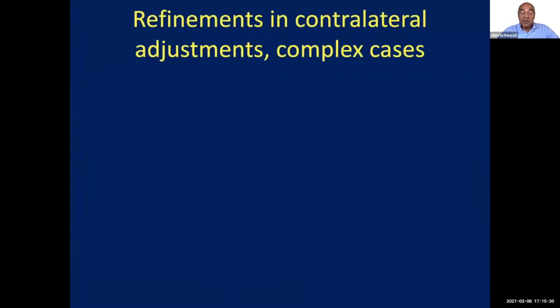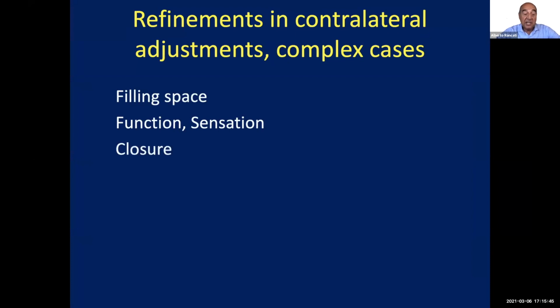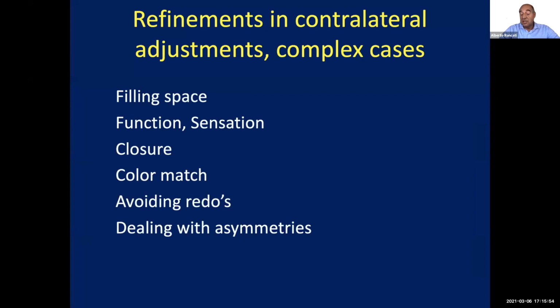So in refinements, in contralateral adjustment, or in complex places, just to fill spaces where you need to mobilize some tissue from the breast to preserve function and sensation, also to have a good closure without suffering, for the color match, to avoid or reduce or to deal with asymmetries or with posterior radiotherapy, also to make an autoprosthesis, you need to know about basic anatomy of the pedicles.